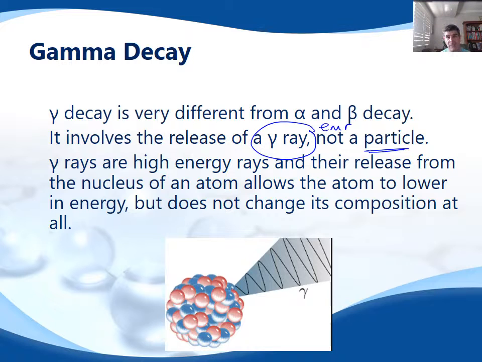So it actually leaves the nucleus at a lower energy level than what it was prior to the release of the gamma ray. So the main consequence is lowering in the energy level, but no change in its actual nuclear composition. So the number of protons stays the same, and the number of neutrons also stays the same.